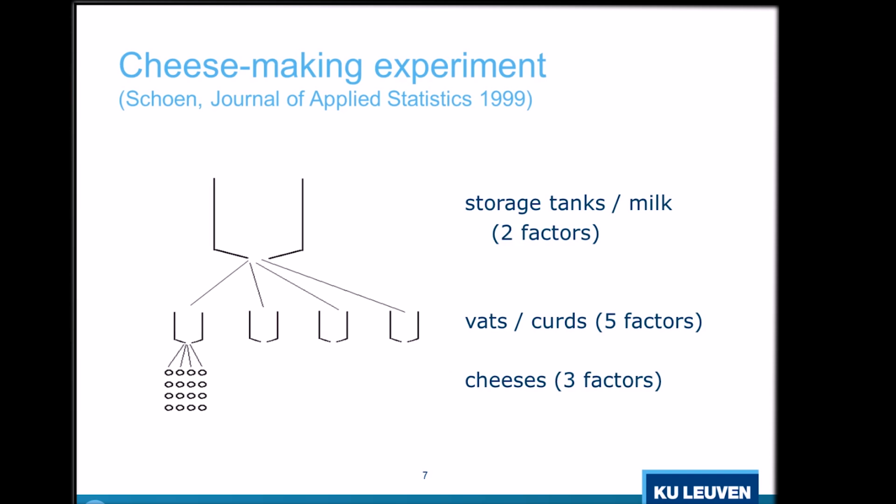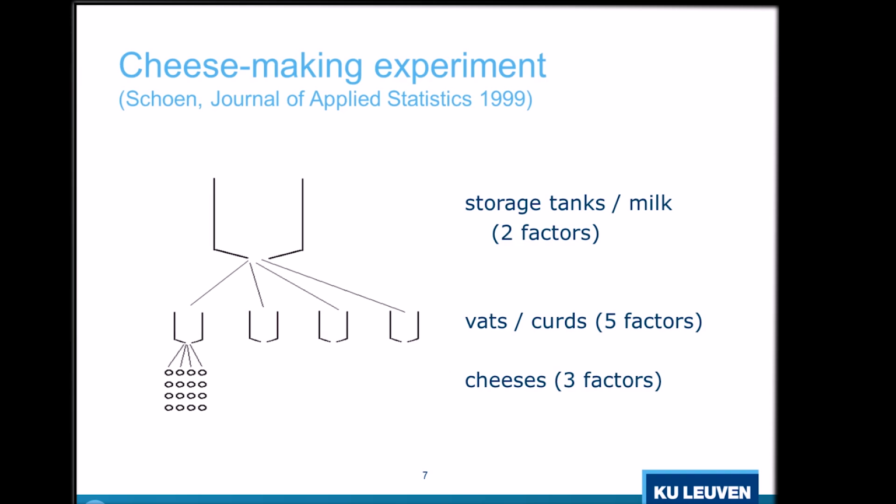Now, in the cheese-making experiment published by Eric Schoen, 2 factors were applied to the large milk tanks, 5 factors were applied to the smaller vats, and 3 more factors were applied to individual cheeses. So we have 3 kinds of factors in this study.